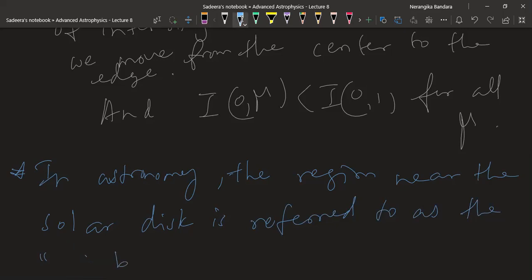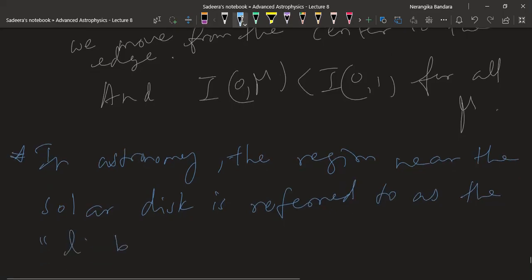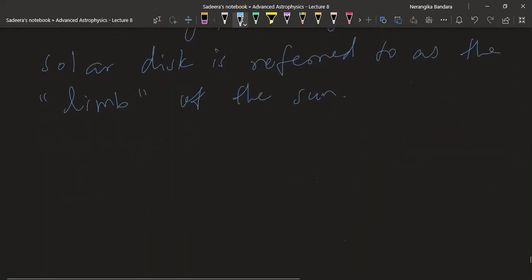The limb, LR, of the sun. Okay, just a fancy term.